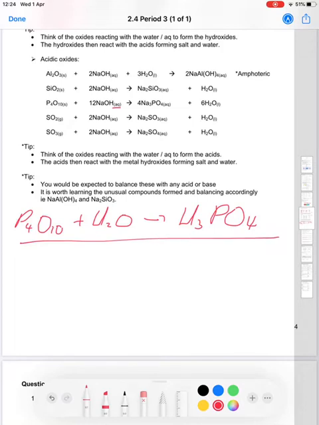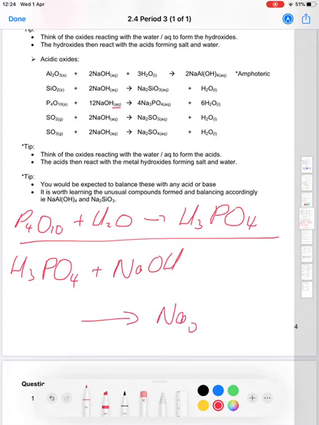As the phosphoric acid is formed, it then reacts with the sodium hydroxide, which is going to give you the salt, Na3PO4 plus water.